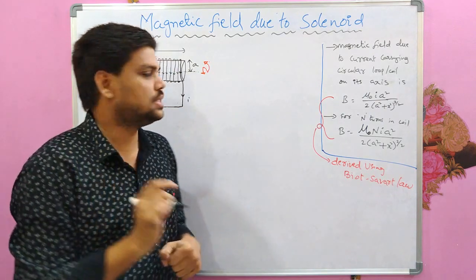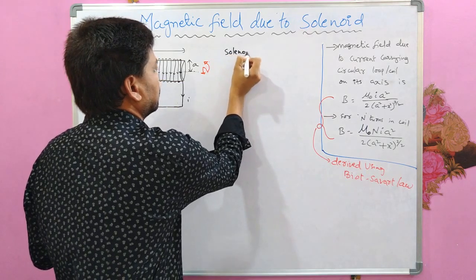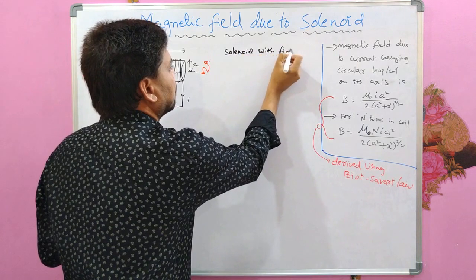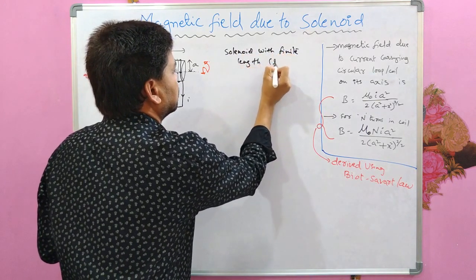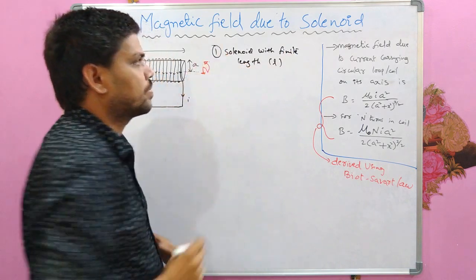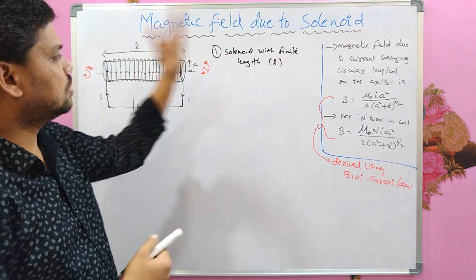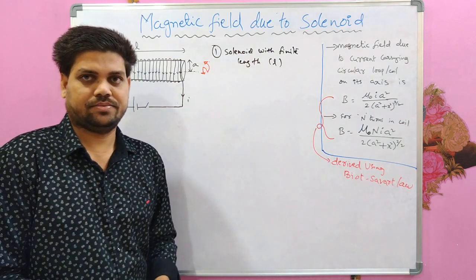The first case is the solenoid with finite length. Then we will discuss the solenoid with infinite length.